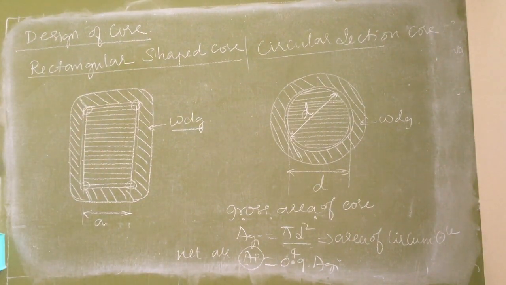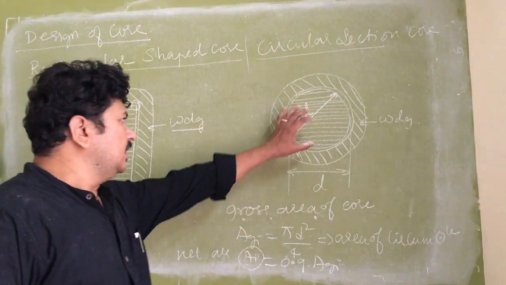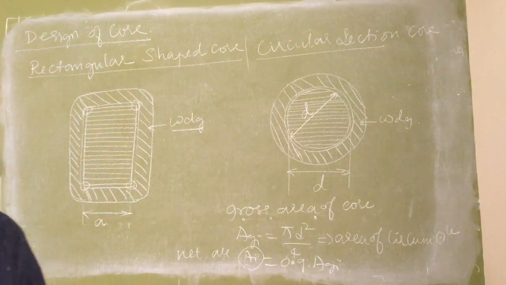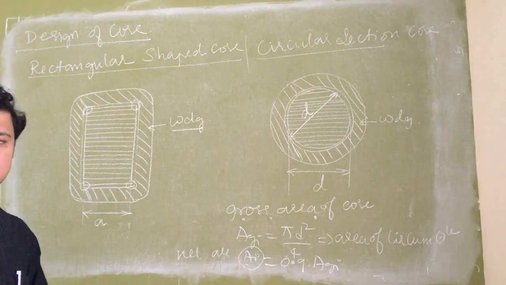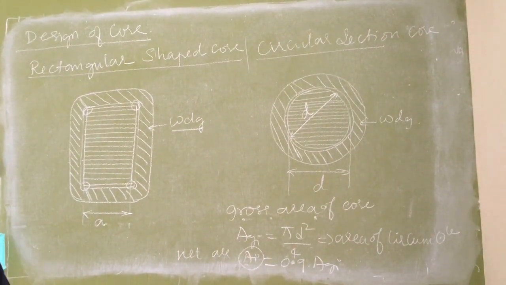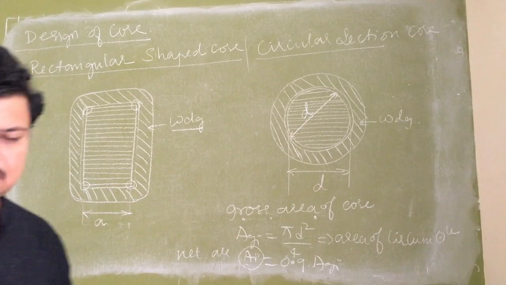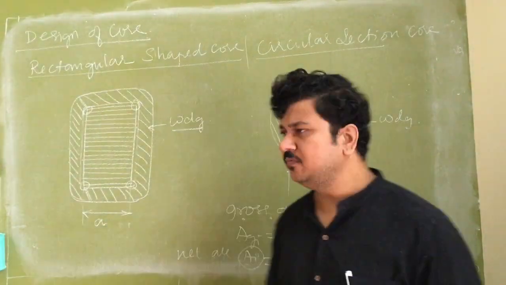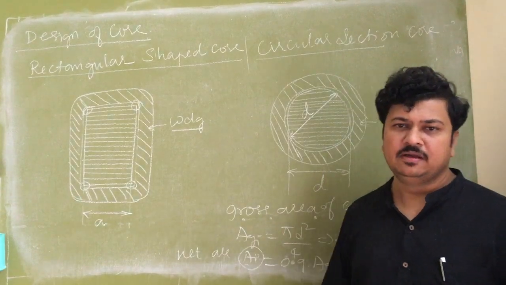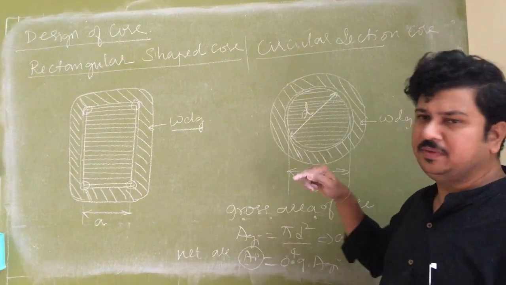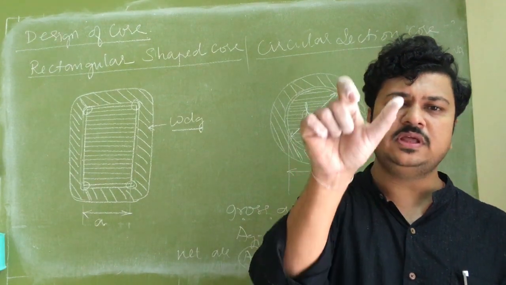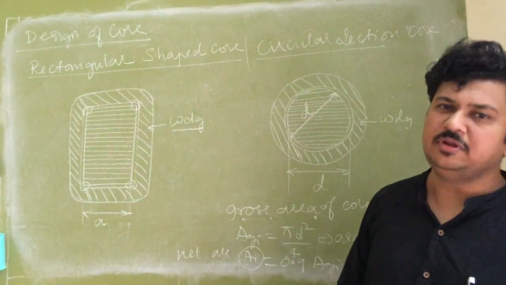So circular cross section gives me the ideal shape of the core, but I discussed already, it is very difficult to get the different shaped laminations and stack them. Even if I get different shaped laminations, it is difficult to stack them, because I should be stacking up incrementally with respect to the width of each lamination.